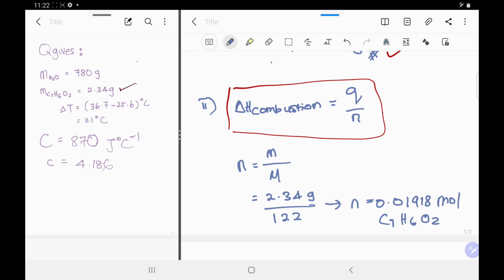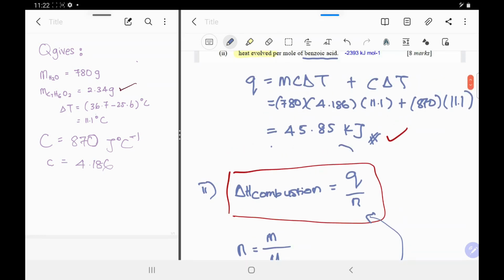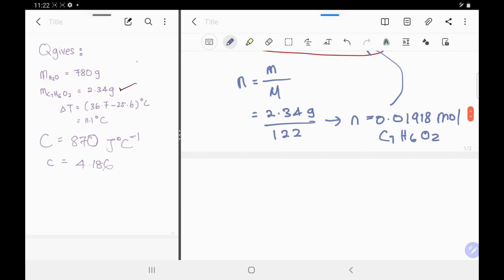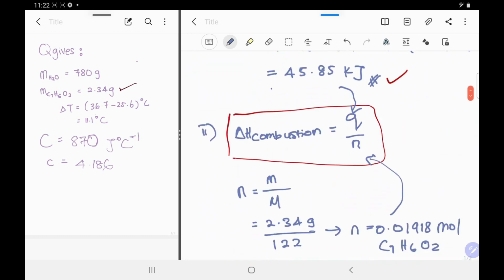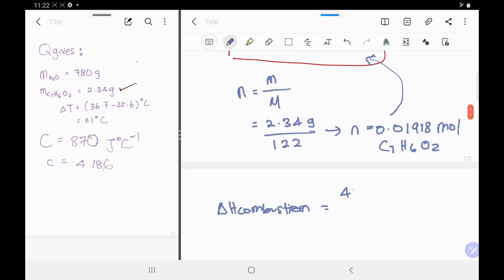Alright, so we already have the n and we already have the Q. All we need is to substitute all the values here. Alright, I'm gonna write it back here. Combustion equals Q, which is 45.85, over the mole, which is 0.01918.